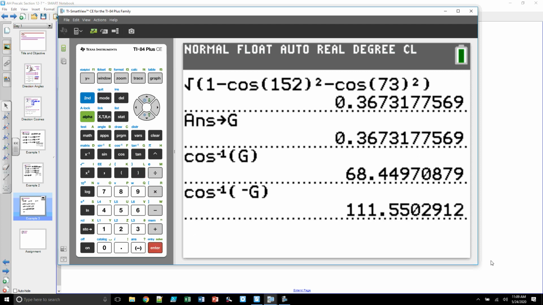And so we get 68.449 and 111.550. Those should look like they're related to you. Hopefully you notice that the sum of those is 180 degrees. That's the property we know from cosine, that they're supplementary. So let's grab a picture of that.